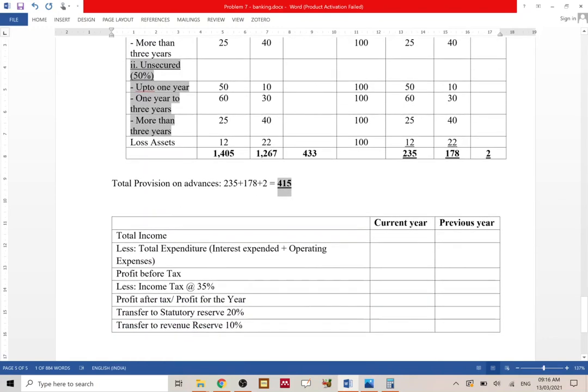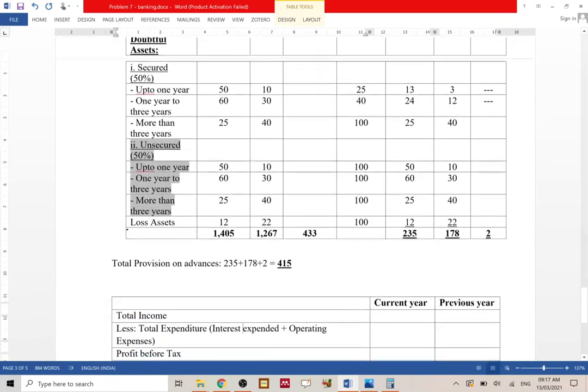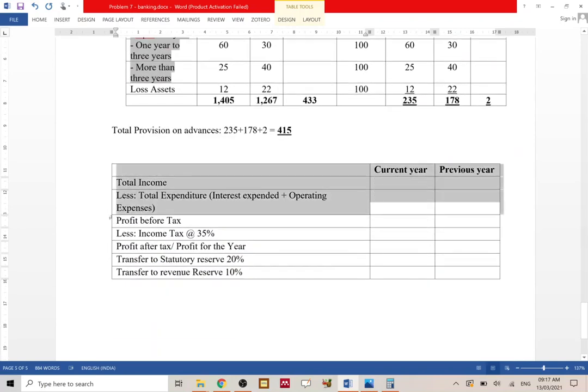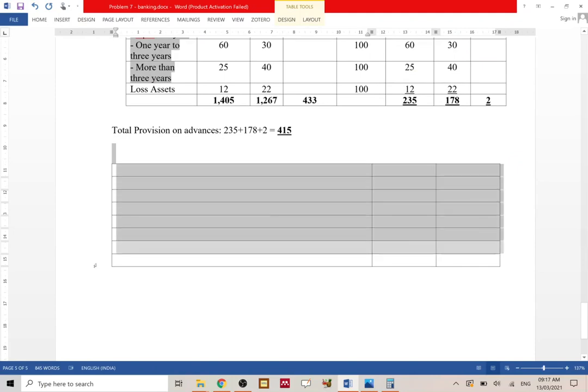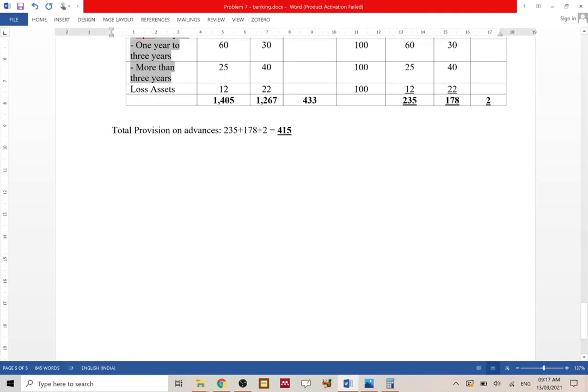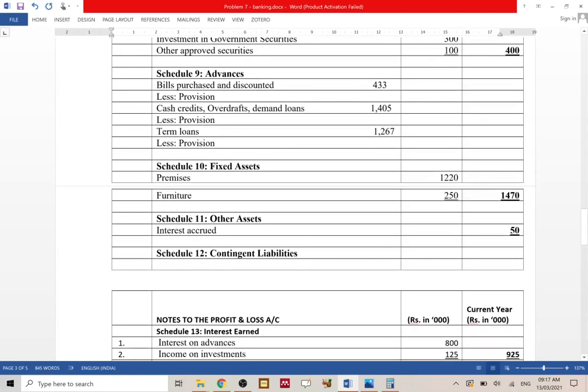Now normally we would do this calculation. We would take total income, total expenditure, then minus the provisions and so on. But in this problem we aren't given any adjustments related to how much is the profit, so we will not be doing any of this calculation. We will directly enter our provisions and contingencies in the profit and loss account.